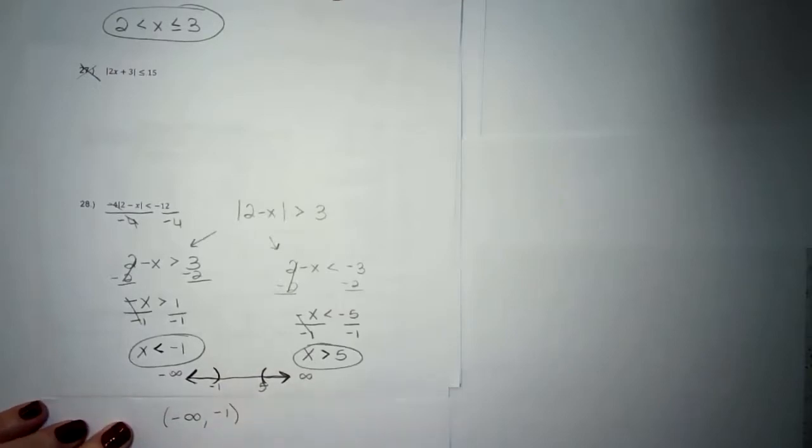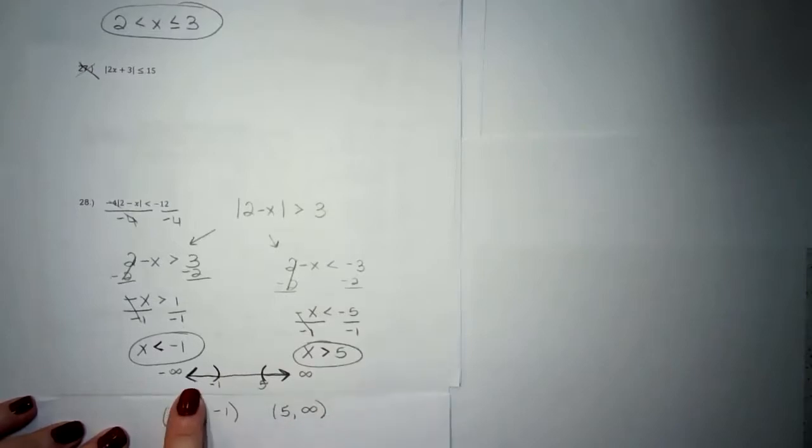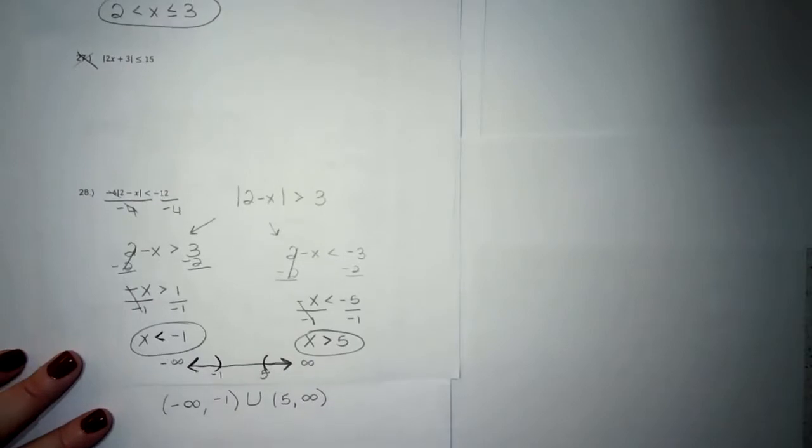To -1, he has a parenthesis. 5, he has a parenthesis to infinity. Because it's this and it's this. It's this little guy and this little guy. What do we put in the middle? The union, the big fat bottom U that says this one and this one. You need both. So that's kind of tricky. You guys aren't used to something like that. I'm sorry it's so low. I was trying to keep it all together.